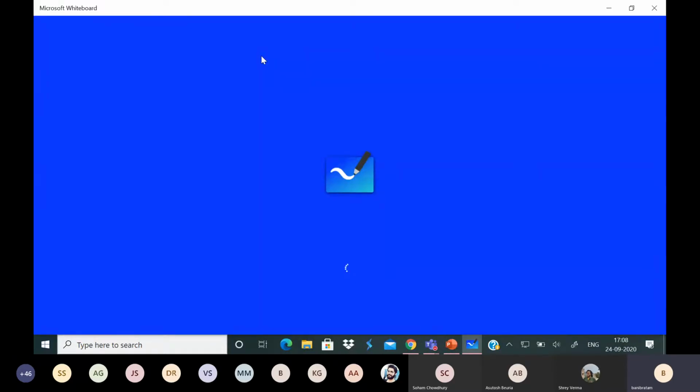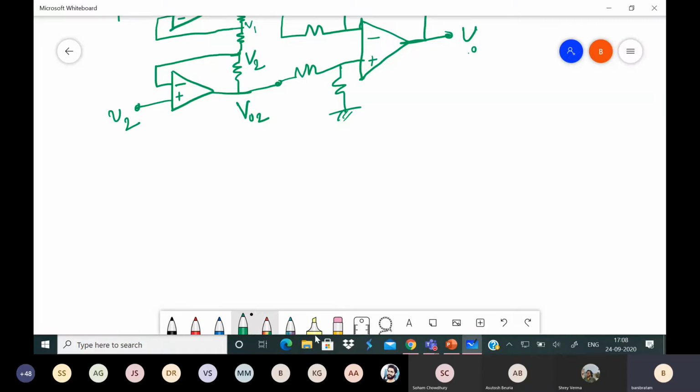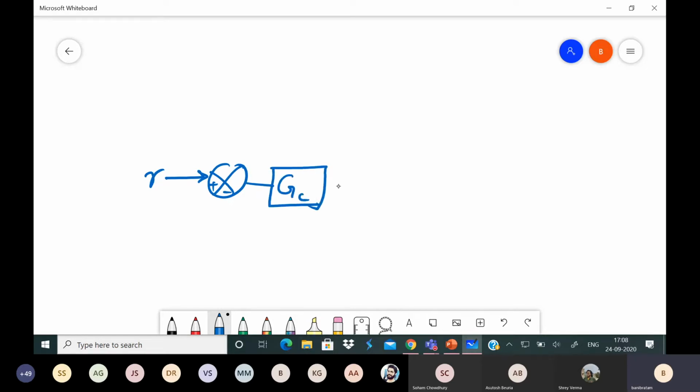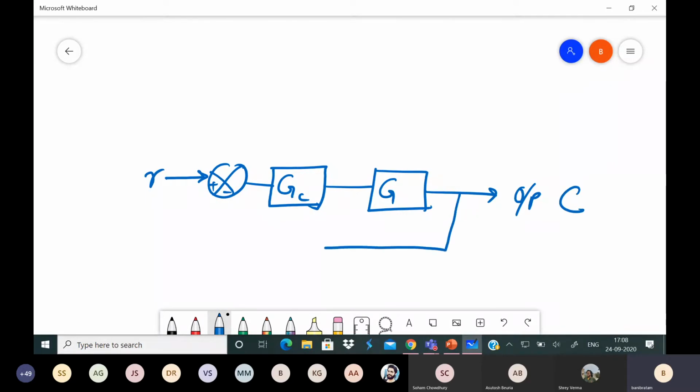Suppose I have some R, and here you have this plus minus, then here I have this Gc, then here you have this G, so then here you have this output C. From here to here we are taking the feedback connection, right?